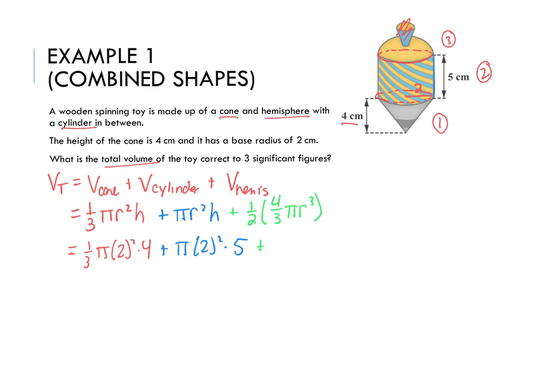And again, we have all the information because this circle is the exact same as this circle, so they have the same radius. So we have 1/2 times 4/3 pi 2 cubed. Then we put all of this into our calculator, and we get 96.34 centimeters cubed.